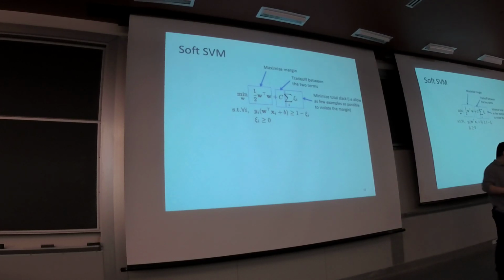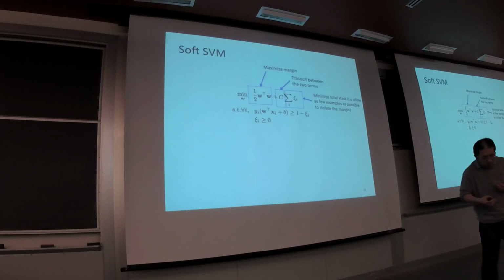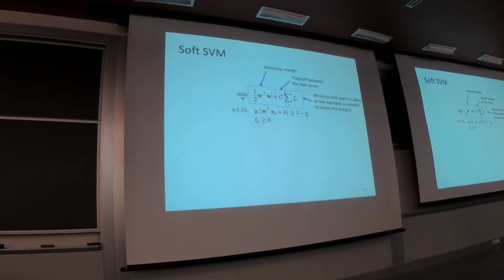So someone may ask, how do we set up this C, right? Unfortunately, you cannot learn C from the data. That's why it's called a hyperparameter. You need to manually tune them. And later we'll discuss a general framework to tune all kinds of hyperparameters, including this C here, the number of epochs in your perceptron, or the learning rate in your stochastic gradient descent, and so on.